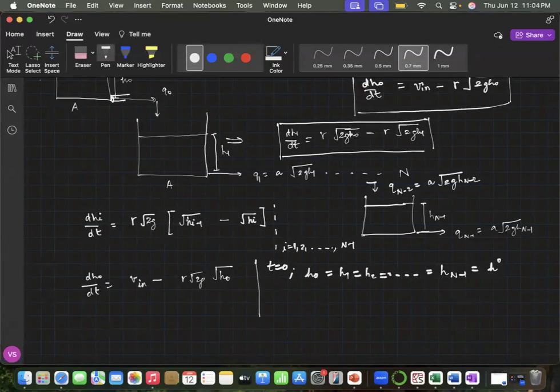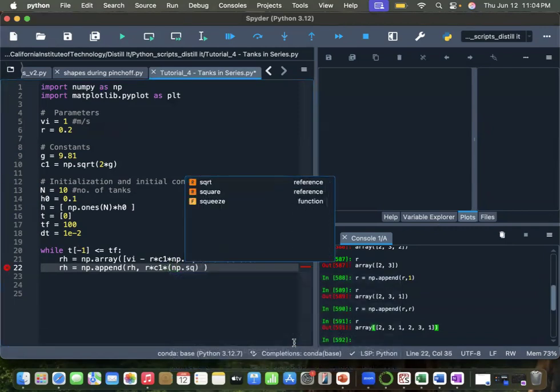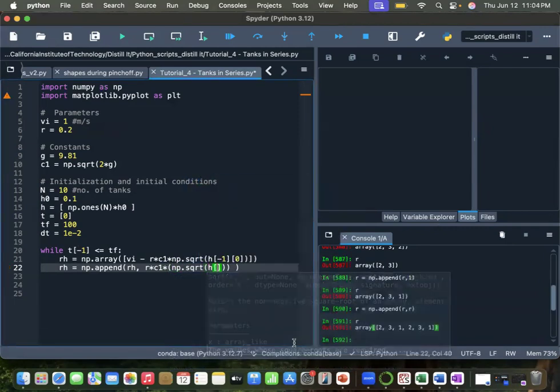So therefore, I minus 1 is going to go from 0 to n minus 2, while I is going to go from 1 to n minus 1, right? So this is just np dot square root h minus 1. That's the height array at the previous iteration, and this is going to go from 0 to n minus 2, right?